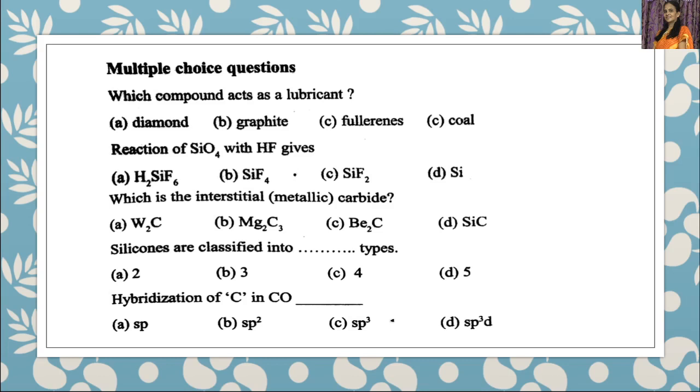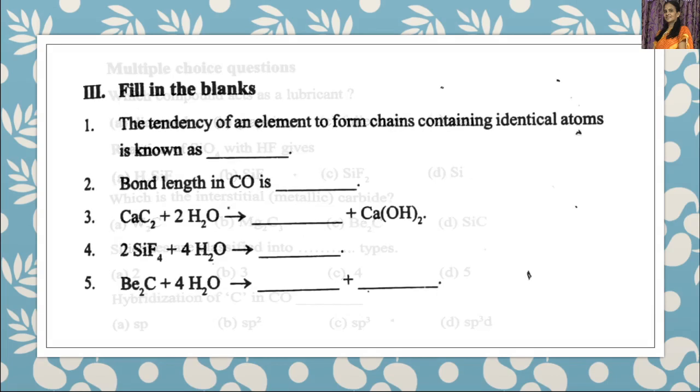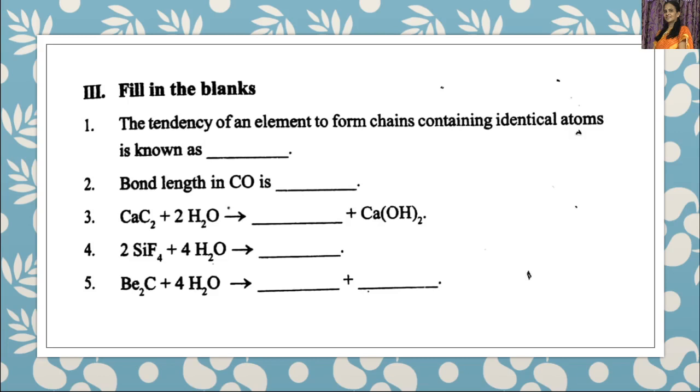Next, hybridization of carbon in carbon monoxide and carbon dioxide is sp. This is the answer. Now let us see the next question. These are fill in the blanks. The tendency of an element to form long chains containing identical atoms is known as, this is the special property of carbon, catenation.